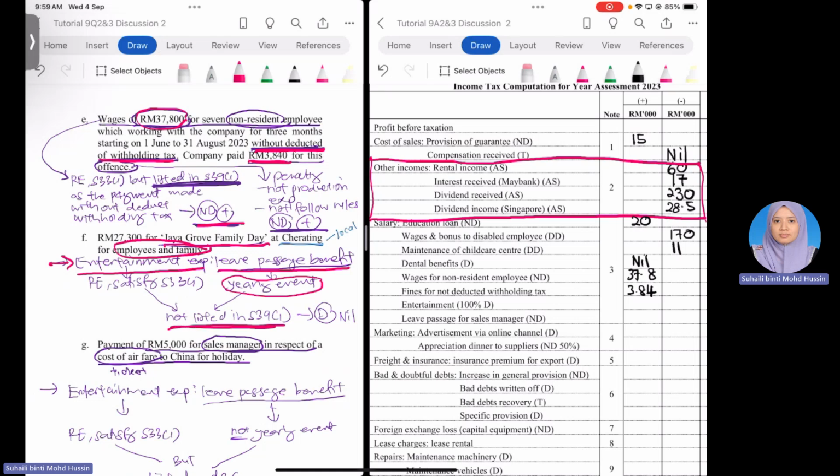So 100% of the amount that you spend for family day is allowed for deduction. So 27,300 ringgit already appears in the SOCI. So no further deduction in the taxation because it's already included in the total of net profit before taxation. You already deducted the amount, and the amount is already included in the total of net profit before taxation. So no further deduction because this is only a single deduction. So no adjustment needed. We just record as a nil.